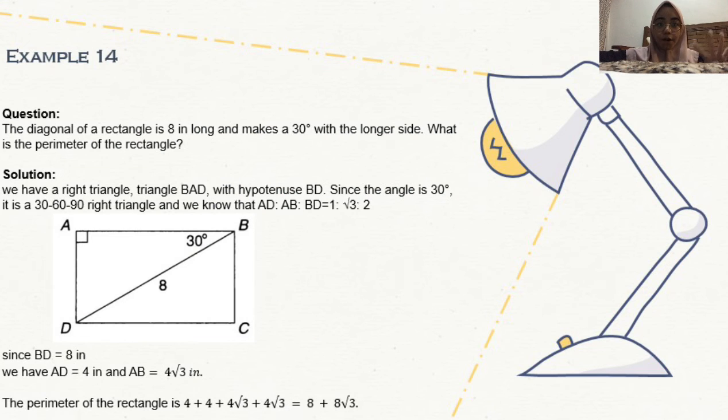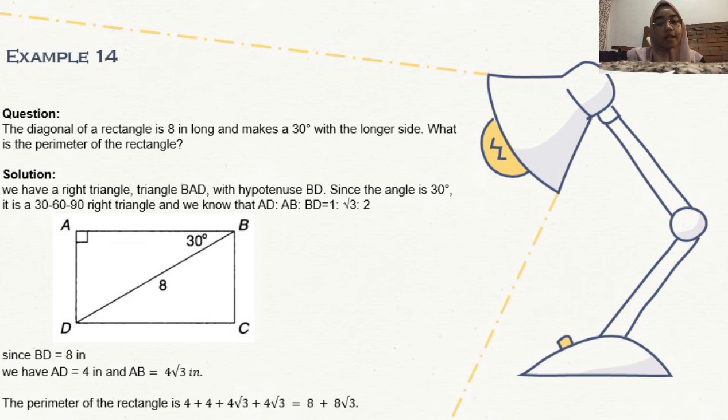Next, chapter 4, example 14. The diagonal of a rectangle is 8 inches long and makes a 30 degree angle with the longer side. What is the perimeter of the rectangle? Solution: we have a right triangle, triangle BAD with hypotenuse BD.